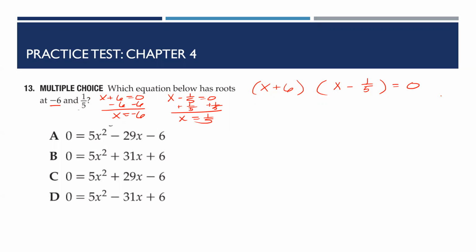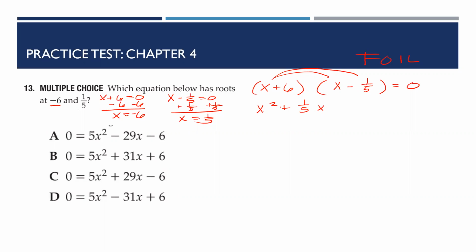So now what you're going to do is use the FOIL method to multiply this out, right? So this is x times x, so that is x squared, x times 1/5, which is positive 1/5 x.